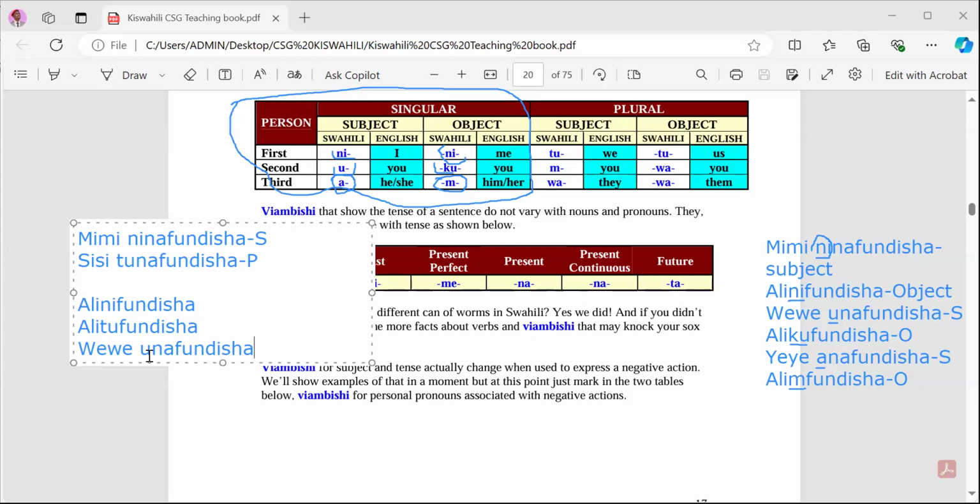But remember what you said the plural of wewe unafundisha is? Wanafundisha. It takes back to it.